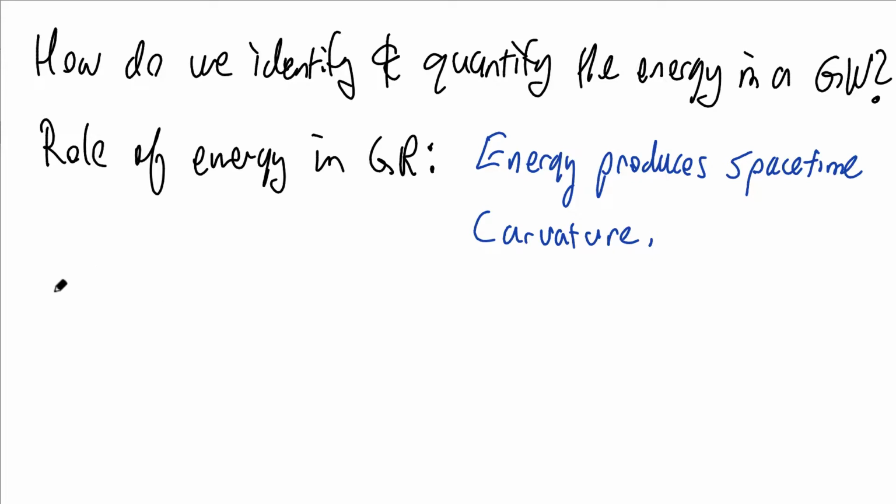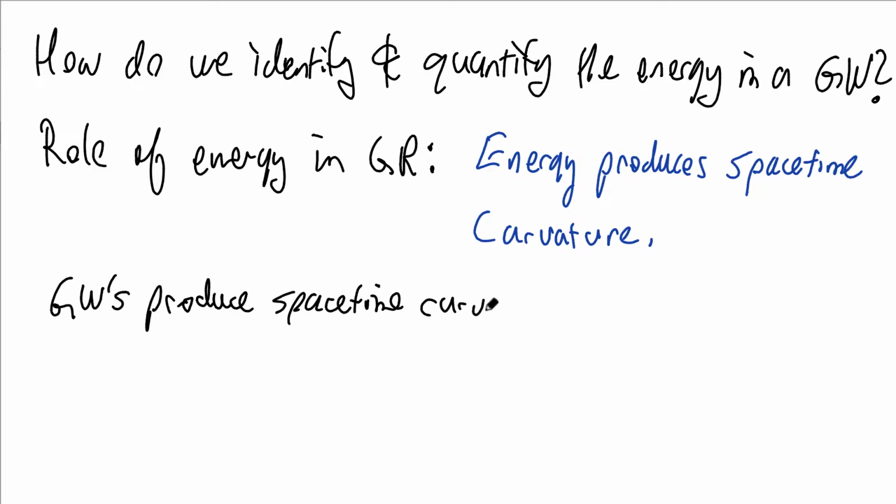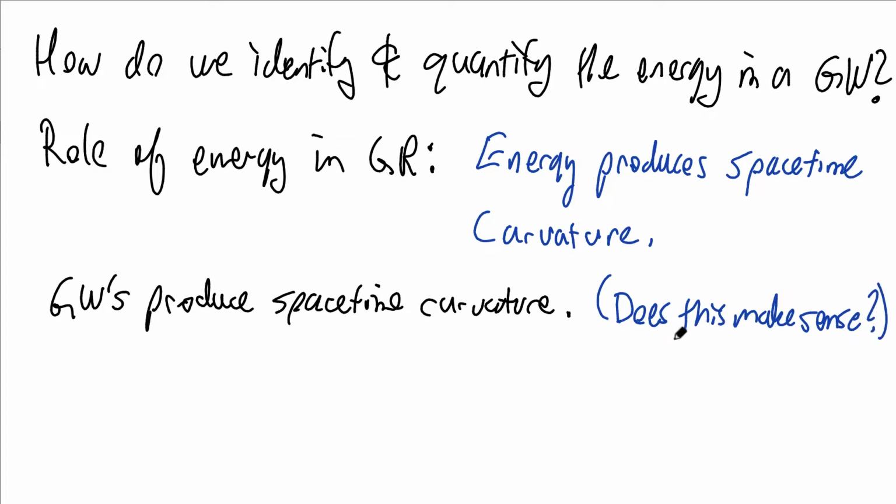In particular, gravitational waves must produce space-time curvature. Does this make sense? After all, the gravitational wave is itself a part of the space-time geometry that it's supposed to be curving.